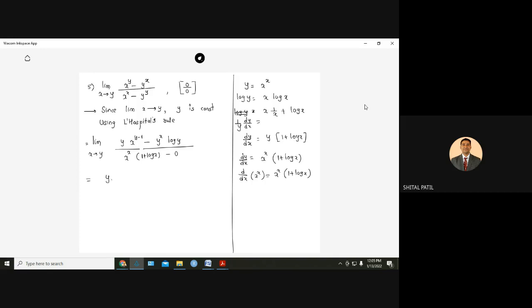Now substitute x equal to y. So y into y raised to y minus 1, minus y raised to y log y, divided by y raised to y into 1 plus log y. If you simplify these two, it is y raised to y minus y raised to y log y.